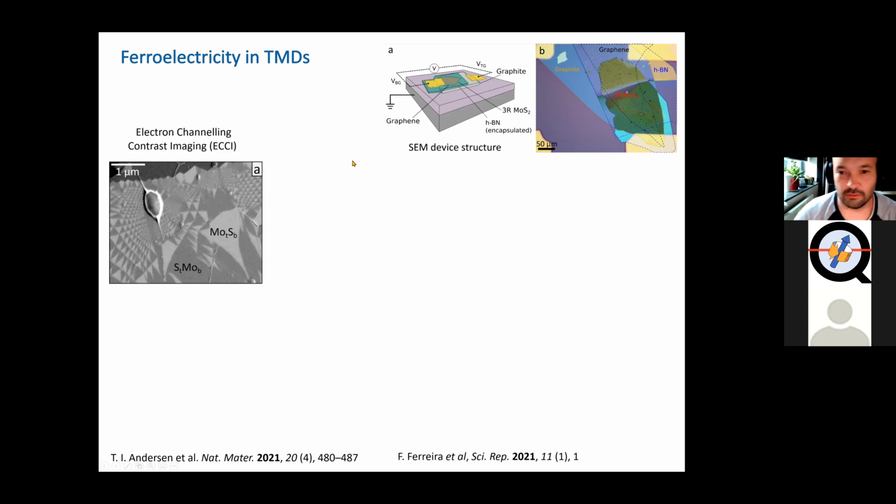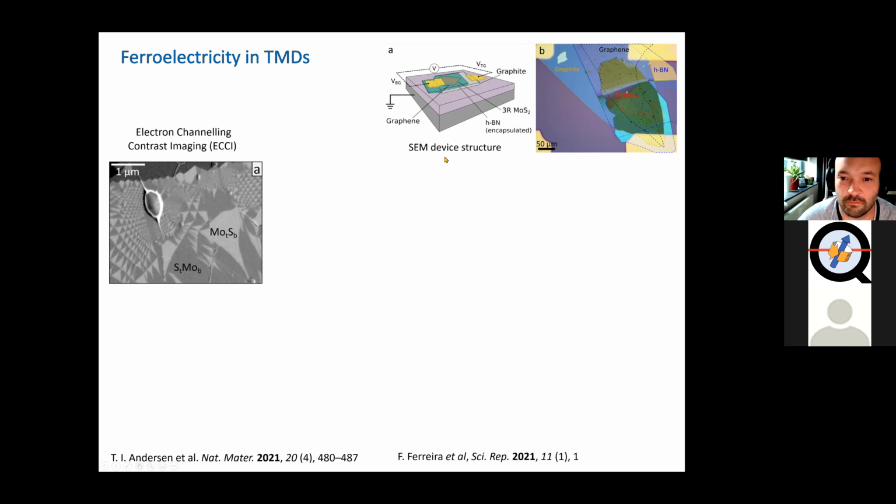So we started looking in TMDs, and the reason, of course, is that it would be very exciting to have a semiconductor, especially with very good optical and electronic properties, which also has ferroelectricity, because that can be employed for different memory functions and some kind of novel functionality that we can employ.